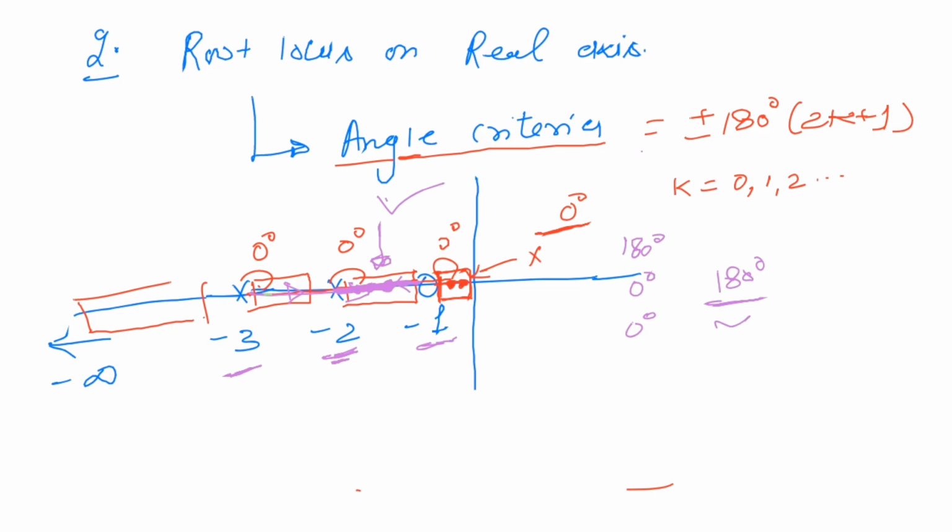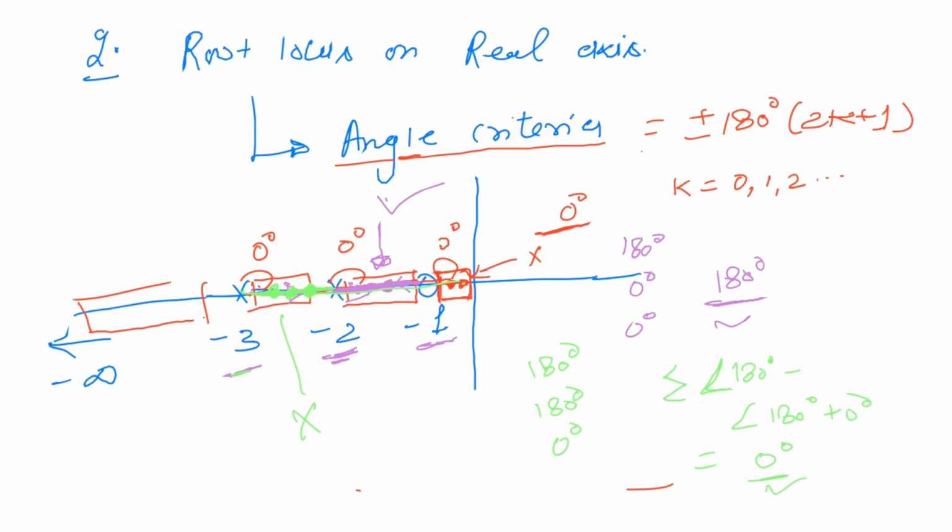Let's draw the angles: a phasor from the zero placed at -1, from the pole placed at -2, and from the pole at -3. The angle made by the zero placed at -1 is 180 degrees, the angle made by the pole at -2 is 180 degrees, and the angle made by the pole at -3 is 0 degrees. The sum of the angles made by zeros and poles is 180 minus 180 plus 0, so all the points on this segment will have the angle 0 degrees and do not satisfy the angle criteria. So any point on this segment will not be part of the root locus.